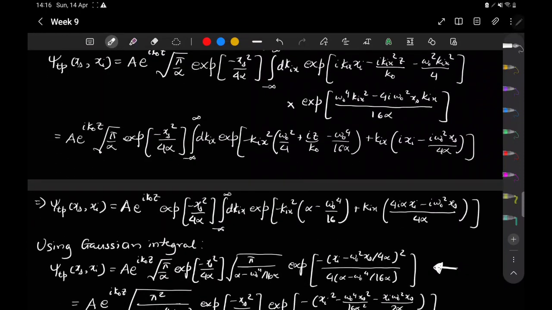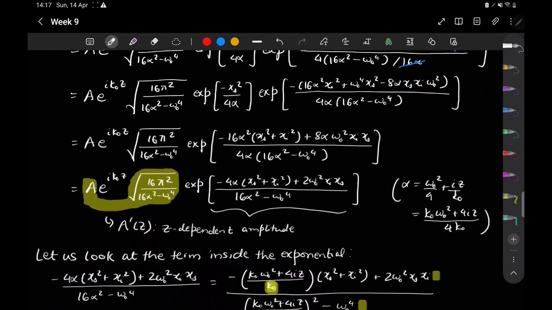Then we will move to part C. Just check all these steps once.